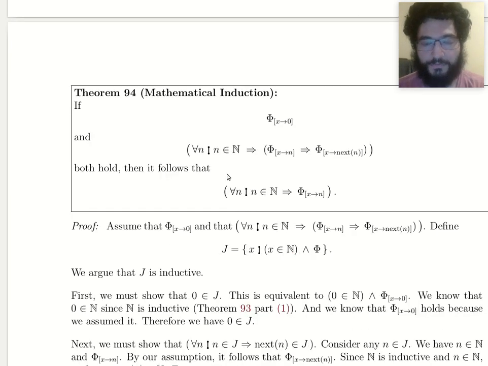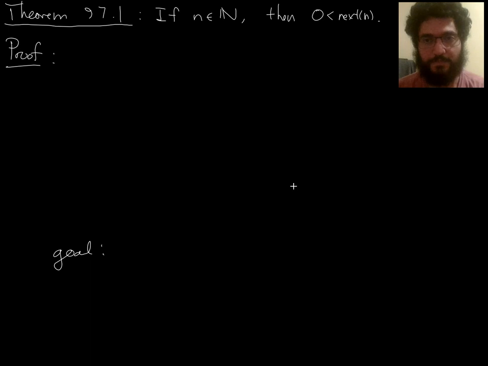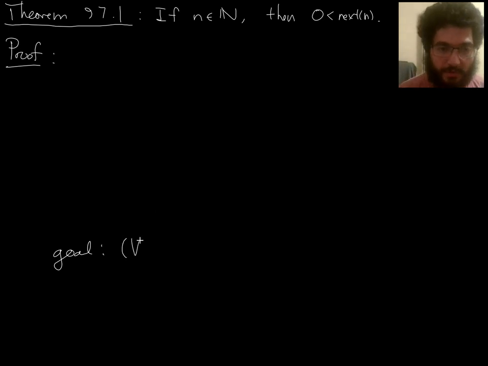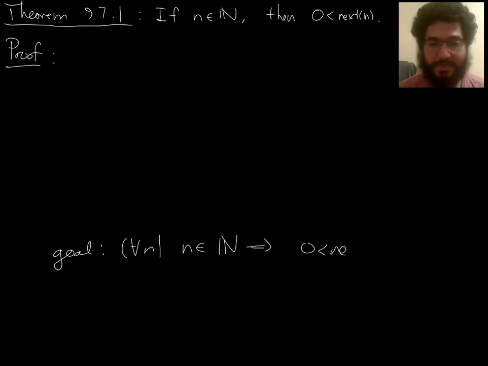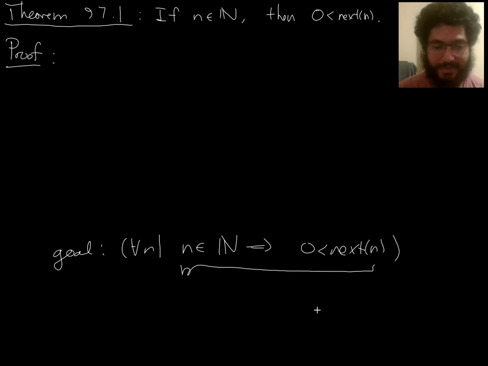That work has been done for us by mathematical induction. And so really, our goal is to prove that for all n, if n is a natural number, then 0 is less than next n. And we do not do it by our usual universal generalization argument. We're not doing that.